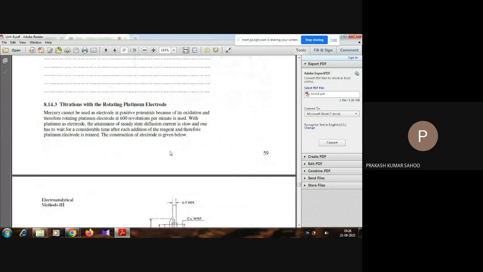Actually, we did not study these things in our BSc and MSc level, and also in MPhil and PhD level we did not read so many things as the IGNOU study material has. So these materials are very good, and a thorough understanding and thorough reading is required to have broad knowledge on this.